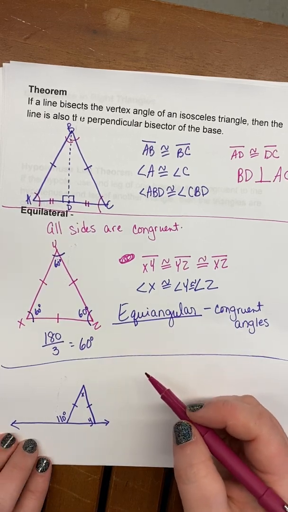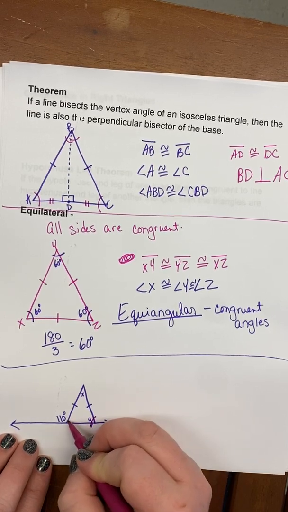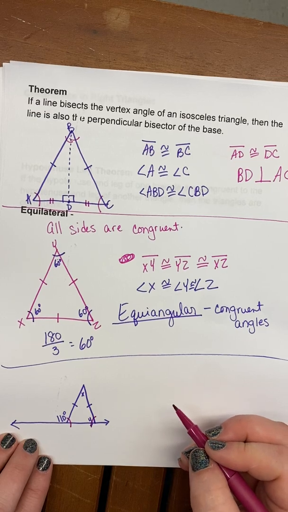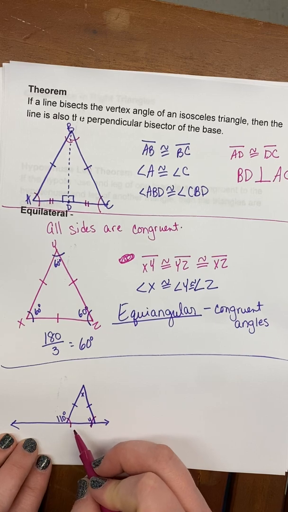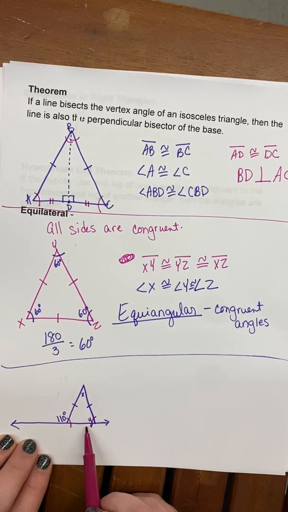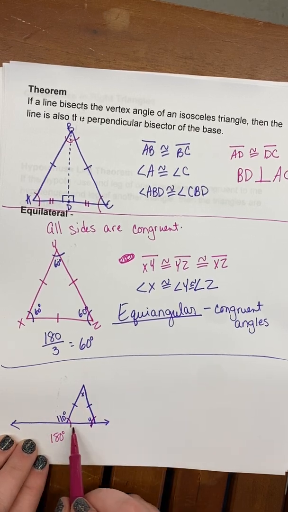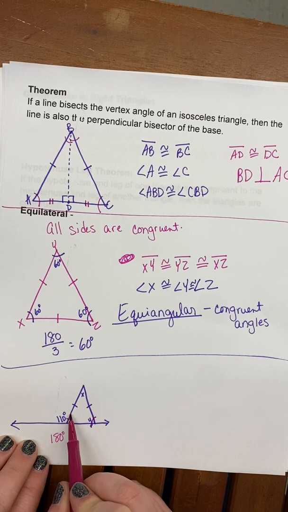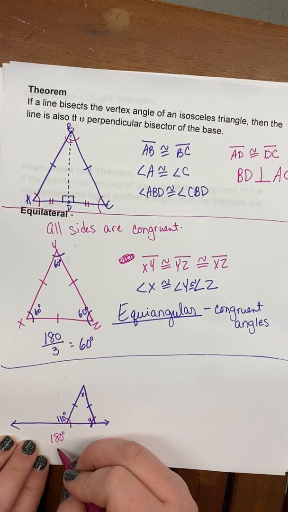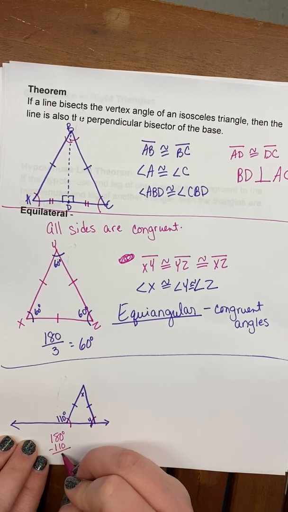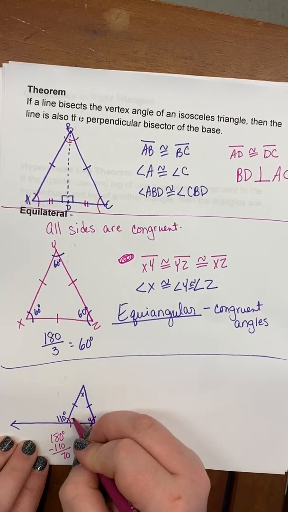Well, I know that angle Y is congruent to this angle because this is isosceles, but I don't know what that angle is. But I do know that this straight line is 180 degrees. If they say, all right, this is a straight line, it's 180 degrees, and this angle here, which is adjacent to this angle, is 110, then I can say 180 minus 110 is 70.